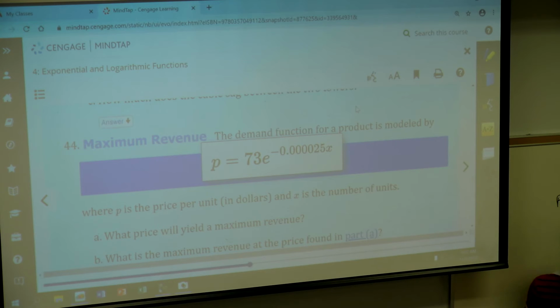So what is the derivative of the price function? 73 is a constant, so I'm just going to keep that as is, and take the derivative of e^(-0.0000025x). And what is the derivative? Negative 0.0000025 times e^(-0.0000025x).